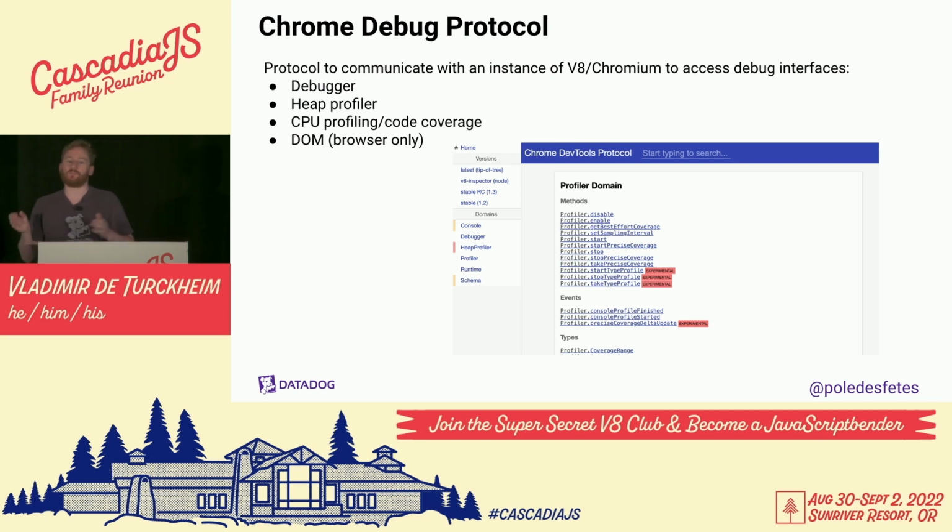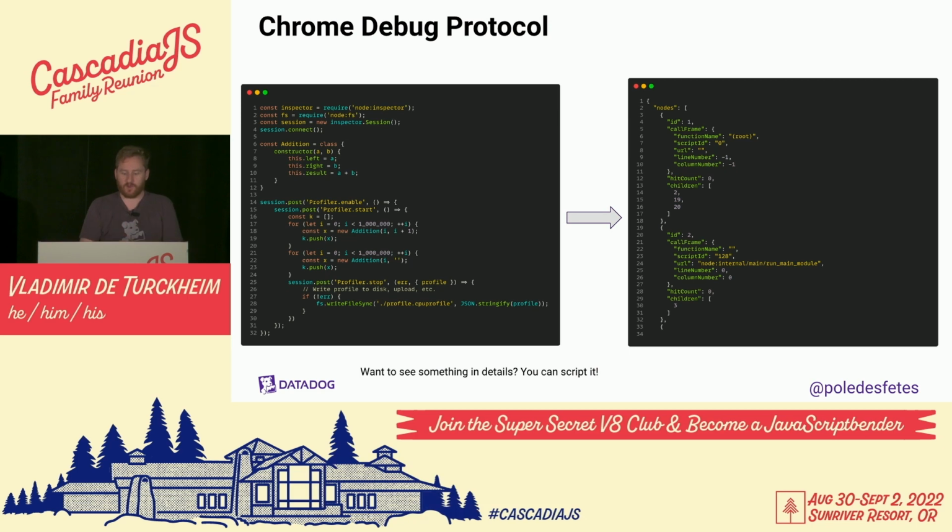Even the Playwright library that enables you to automate web browsers is actually using that to control Chromium, because they just open a WebSocket and connect to it and use the debugger. And if you want to remote debug Node.js or Deno, that's how you would do it. That's extremely powerful because it gives you access to everything in a running process.